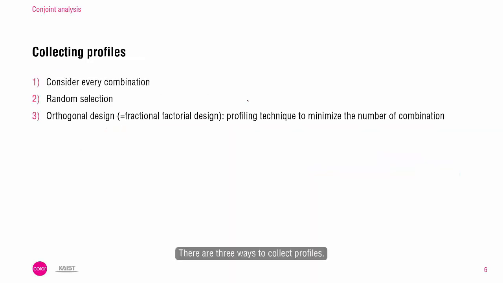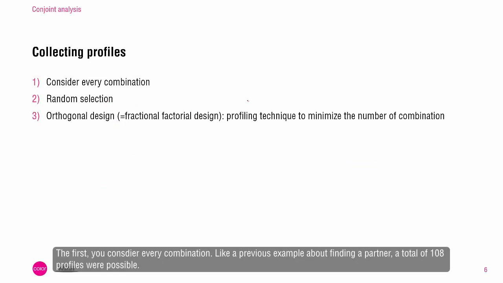And there are 3 ways to collect profiles. The first one is considering every combination. Like the previous example about finding a partner, a total of 108 profiles were possible. And we all agree that rating or ranking 108 people is simply too much.